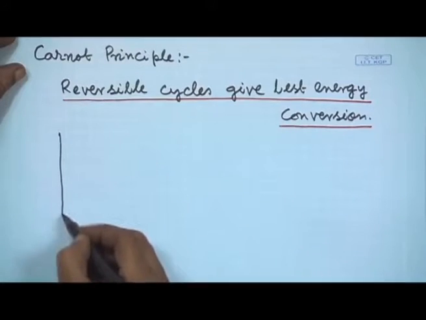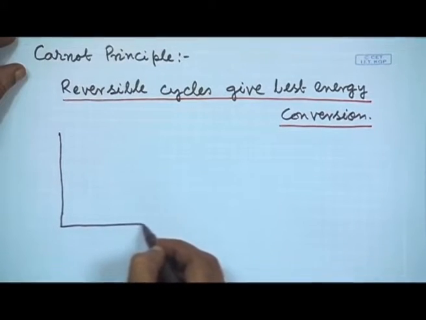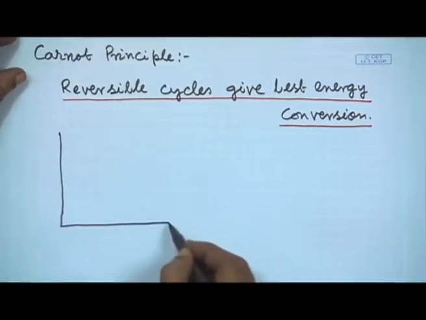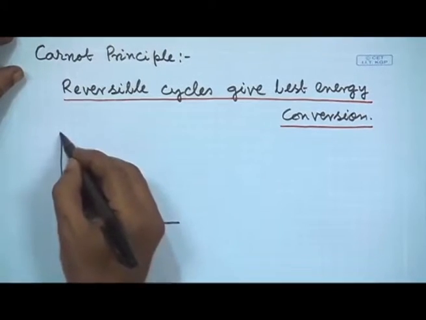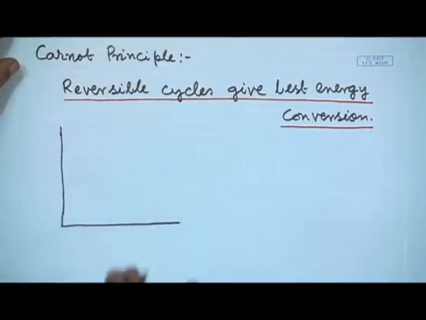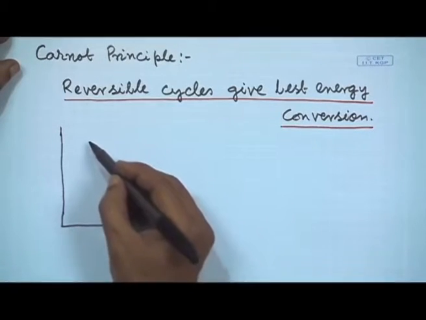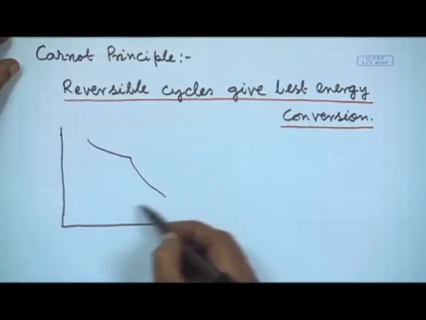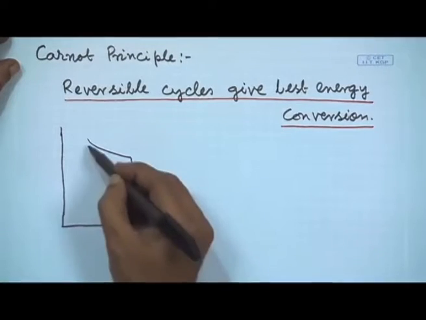Now, what is meant by this? A cycle, suppose this is a thermodynamic plane, there are two coordinates of thermodynamic properties, and in this thermodynamic plane we have a cycle. So, a cycle could be represented like this.